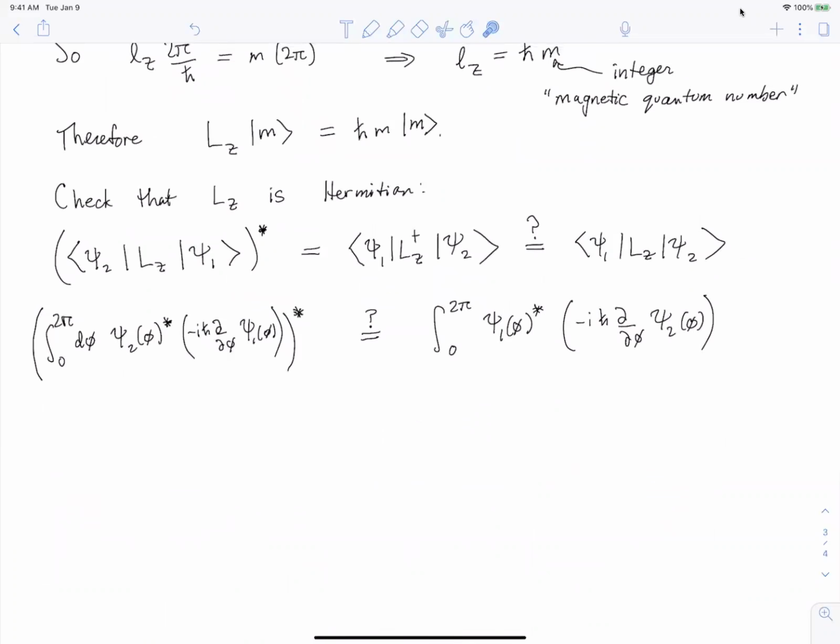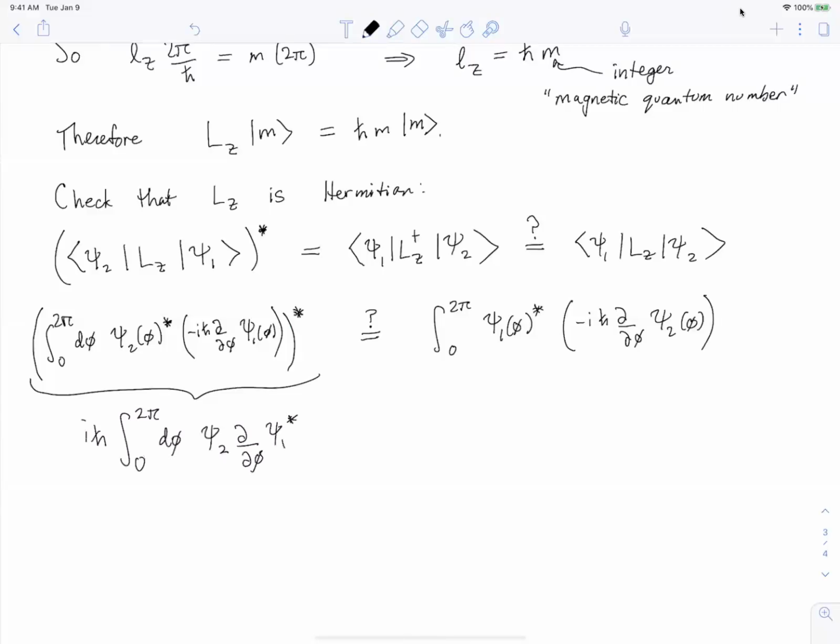Okay, so now let's work on the left-hand side a little bit. Now everything is just ordinary functions and numbers, so we can distribute the complex conjugate. When we take the complex conjugate of that one, they both go away. And so this left-hand side is equal to i h bar, minus i turned into i when I took the complex conjugate, integral 0 to 2 pi d phi, psi2 partial phi psi1 star.